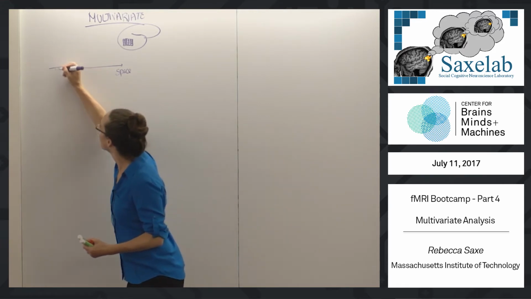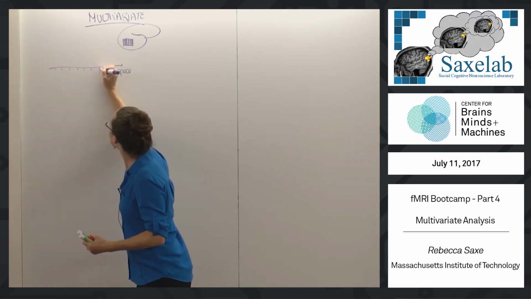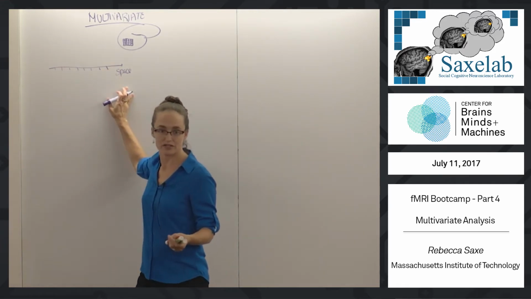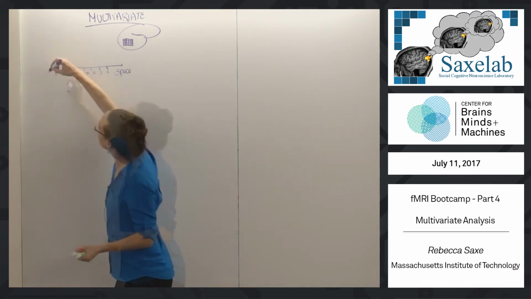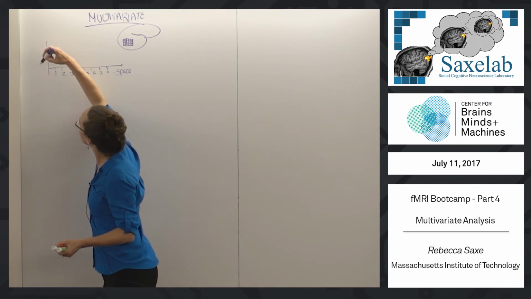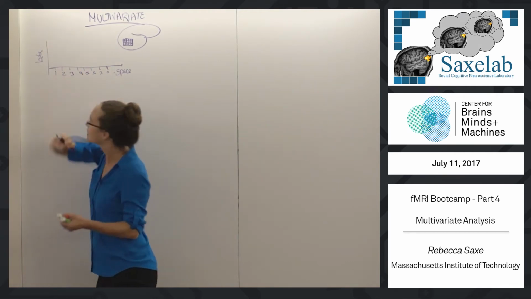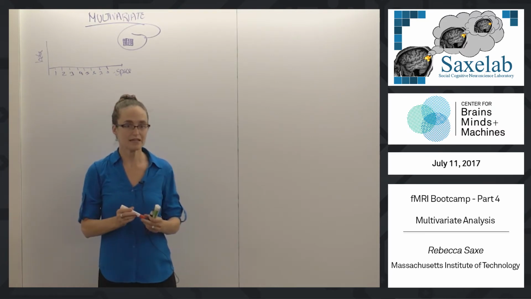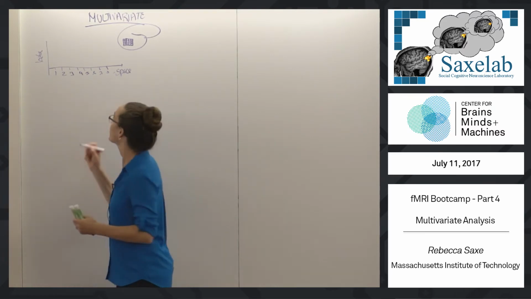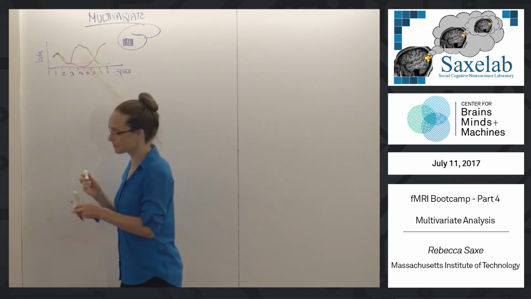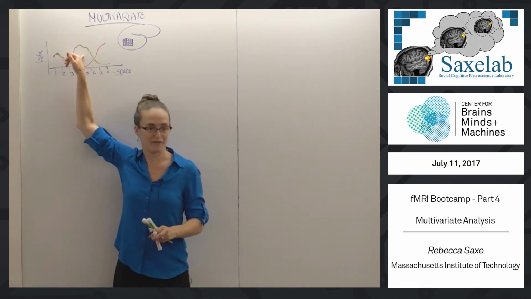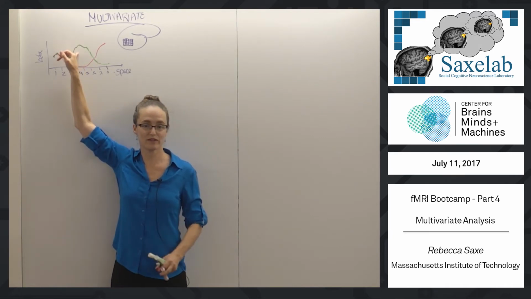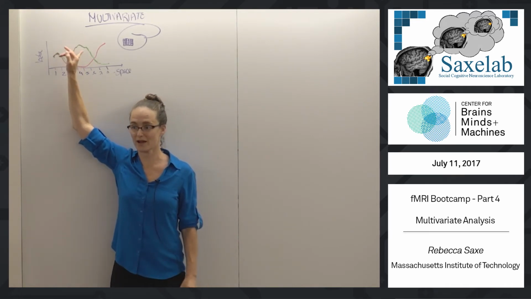And so if we had 12 voxels, we'd lay them out in a picture in space, right? And then we could look at the contrast value for a condition in each voxel, right? So this is the univariate way of thinking about fMRI analysis. This is the way you think about it if you're asking the question where and how much.